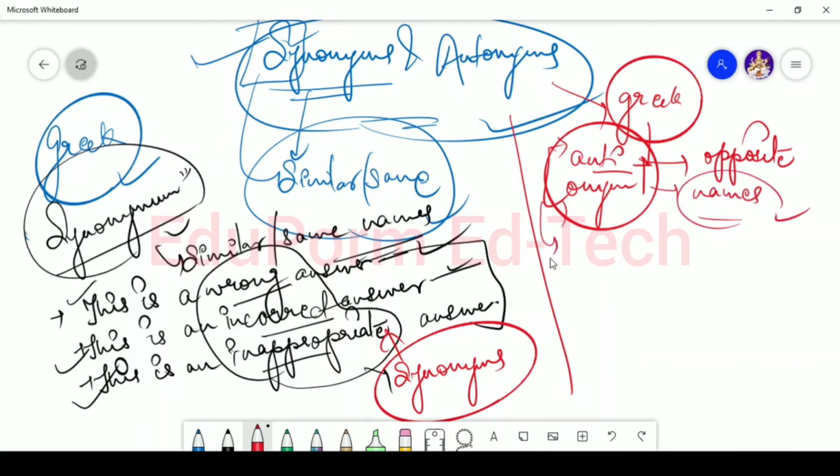So the antonym has a Greek origin, anti meaning opposite, and onym, that means names. Opposite names. So the words which have opposite names.